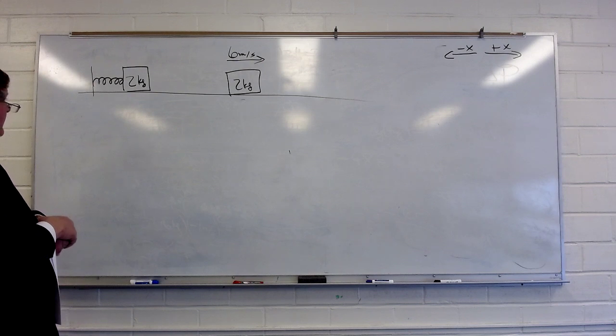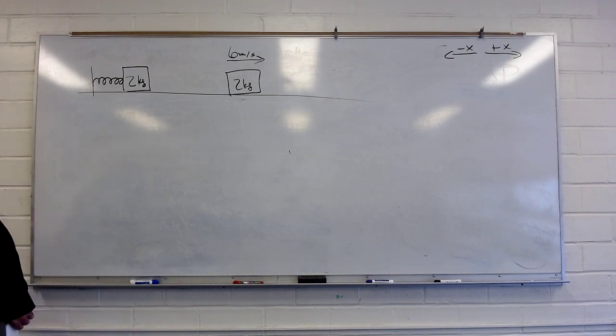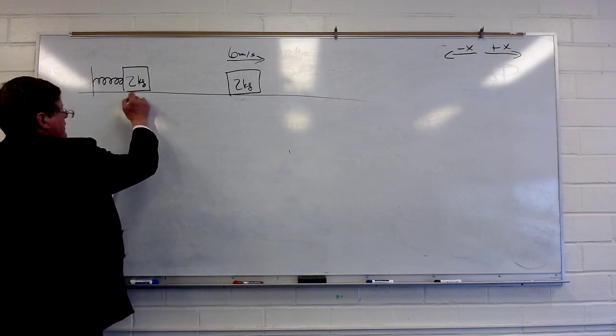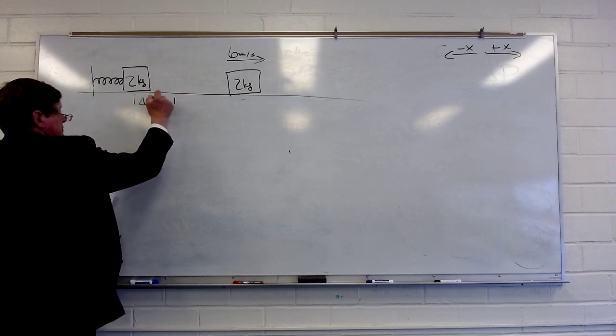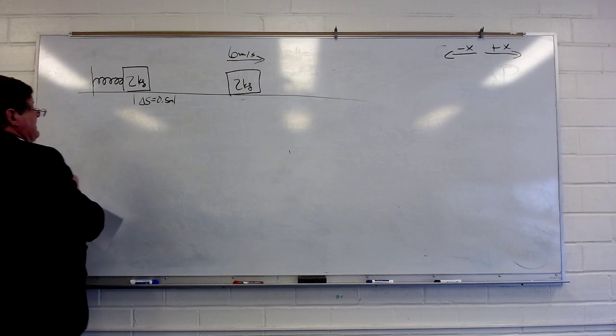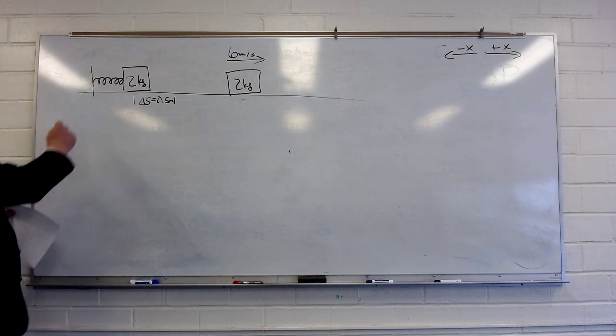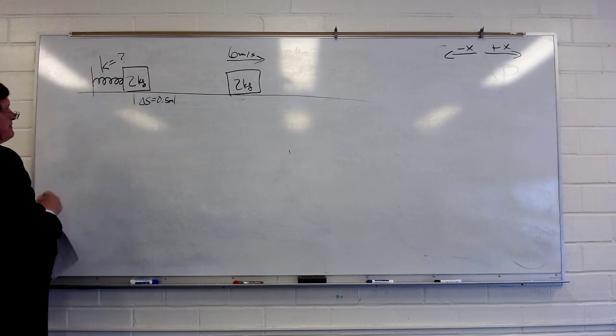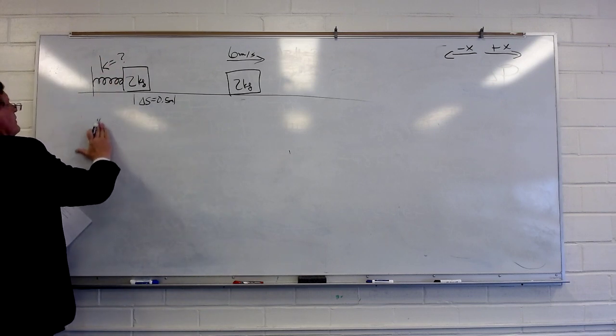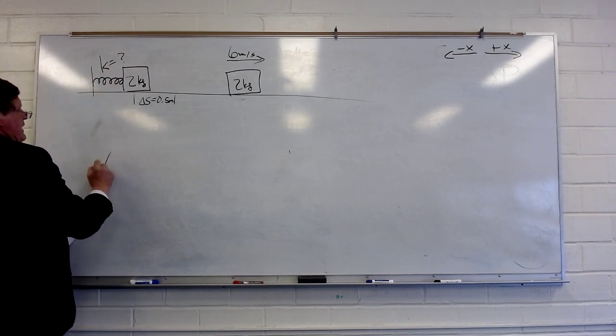And we're told that this spring was compressed a delta S of a half meter. And what we're looking for is this spring constant here. So that's part A.